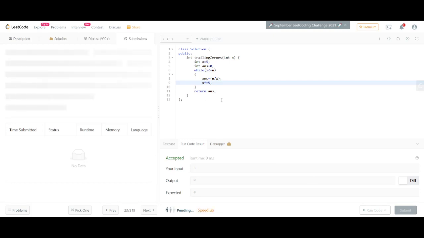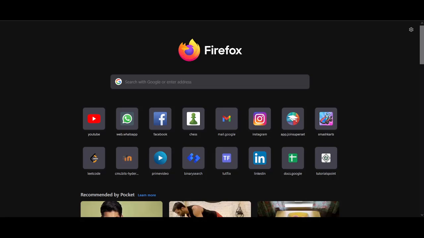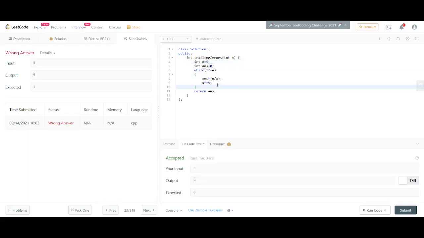So this is a logarithmic based approach. For 5, what is happening? The output is 0. Okay, let me just see what is happening. So x is equal to 5, and answer plus equals n divided by x.